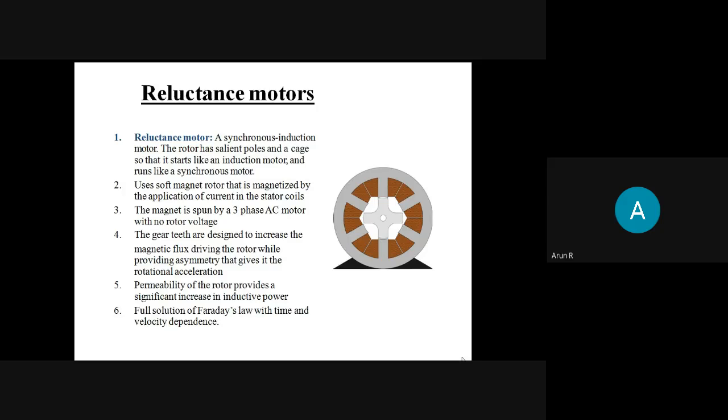The gear teeth are designed to increase the magnetic flux driving the rotor while providing asymmetry that gives it a rotational acceleration. The permeability of the rotor provides a significant increase in inductive power. Therefore, a full solution of Faraday's law with time and velocity dependence will be achieved.